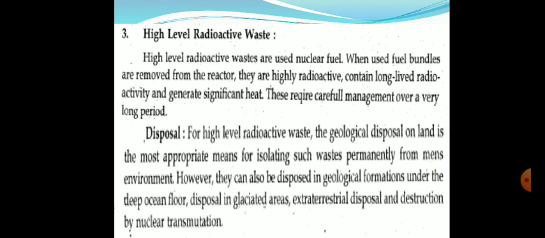For high level radioactive waste, the geological disposal on land is the most appropriate means for isolating such wastes permanently from man's environment. However, they can also be disposed in geological formations under the deep ocean floor, disposal in glaciated areas, extraterrestrial disposal, and destruction by nuclear transmutation.